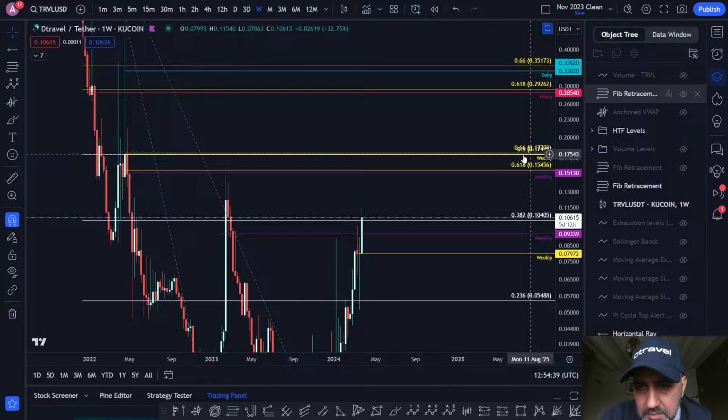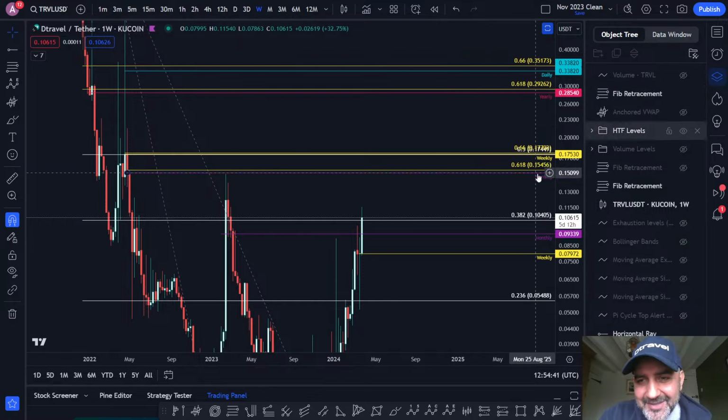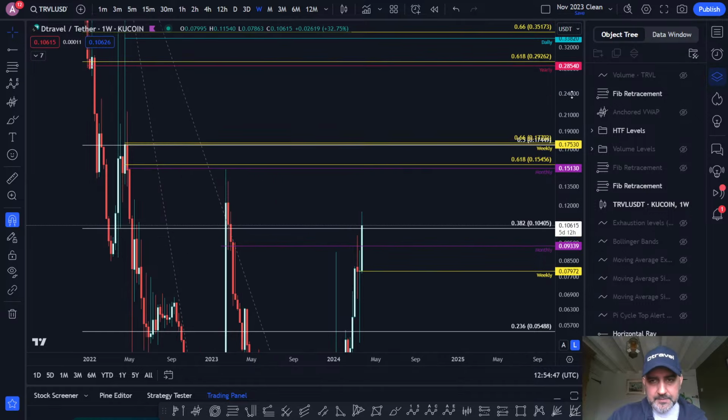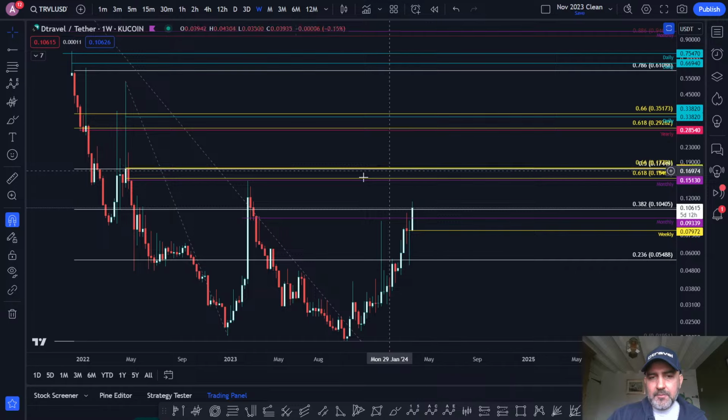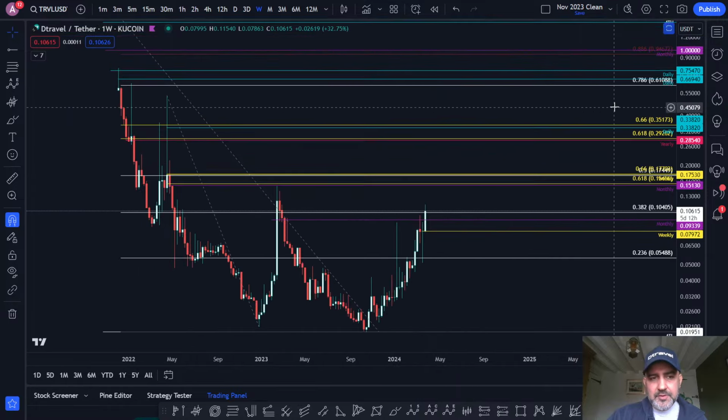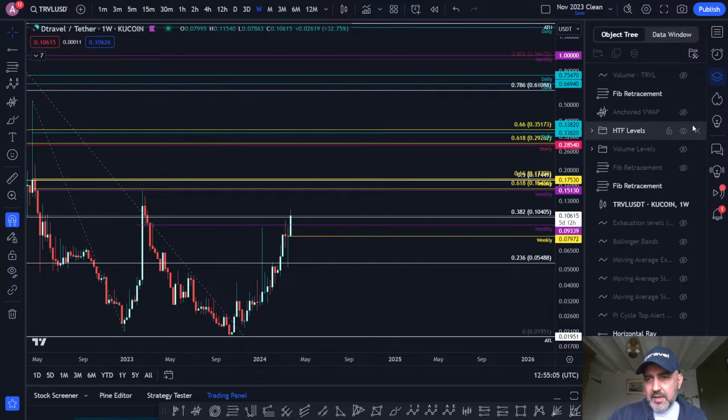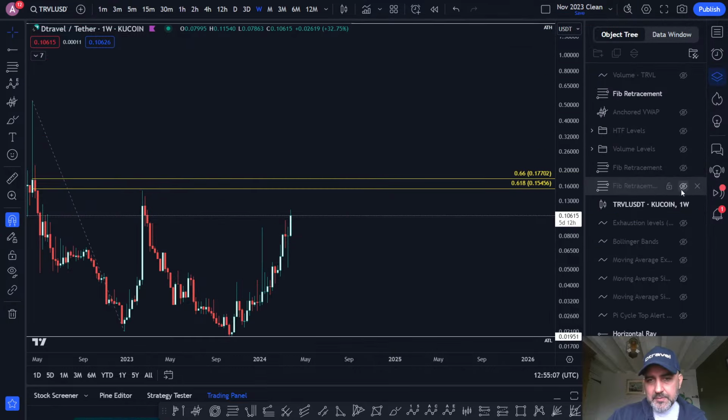Yeah, we've got pretty strong resistance at about 17.5. That's at the top side of this golden pocket from this pivot down to here. It's just mathematical resistance. It's not volume resistance. I like volume resistance more.